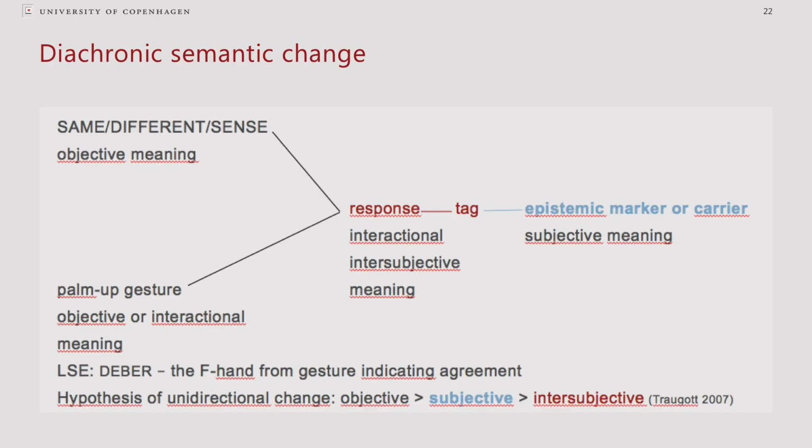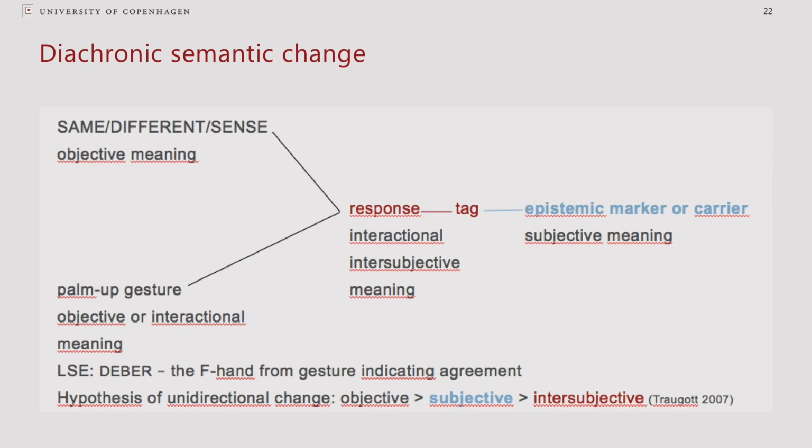So what we see in both sign languages, or when we combine both sign languages, is that in Japanese Sign Language, you may start with a sign with an objective meaning. It can be used to respond to others, as a tag that invites a reaction from the other person, and as an epistemic marker or a carrier of epistemic meaning.